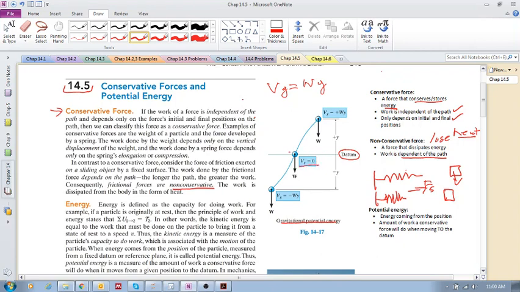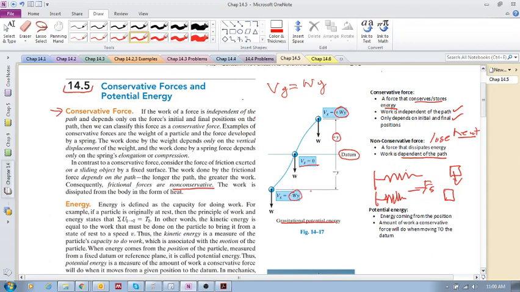If the particle is above the datum, then we have a plus y, which means we've got positive potential energy. And if the particle is below, we have negative potential energy.